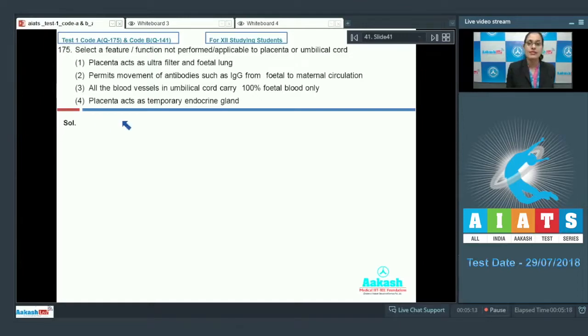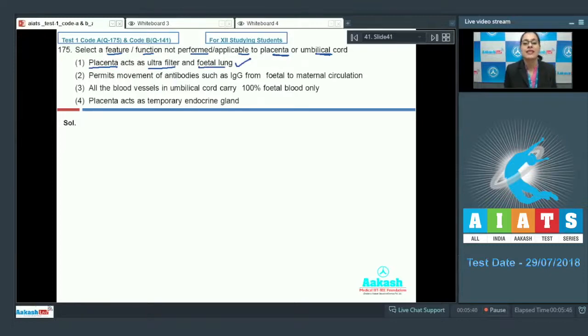Question number 175. Select a feature or function not performed or applicable to placenta or umbilical cord. So the very first option given is placenta acts as ultrafilter and fetal lung.